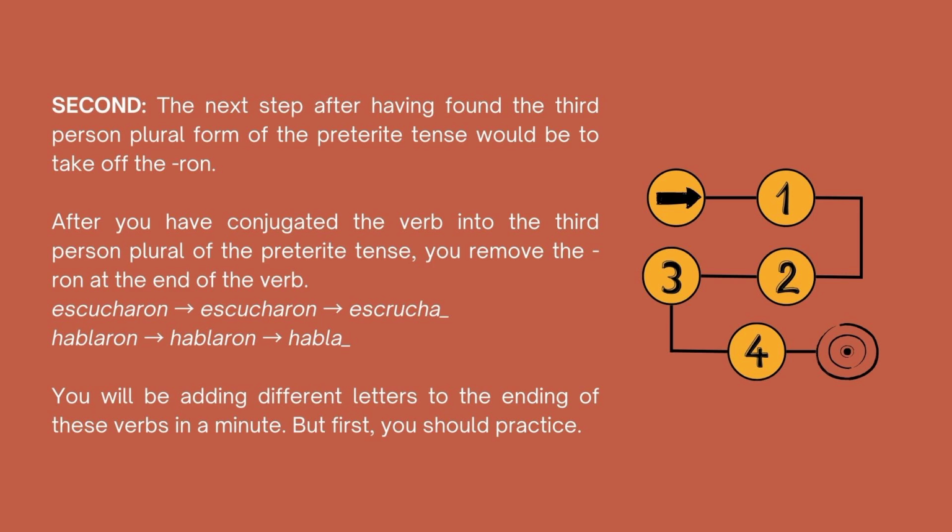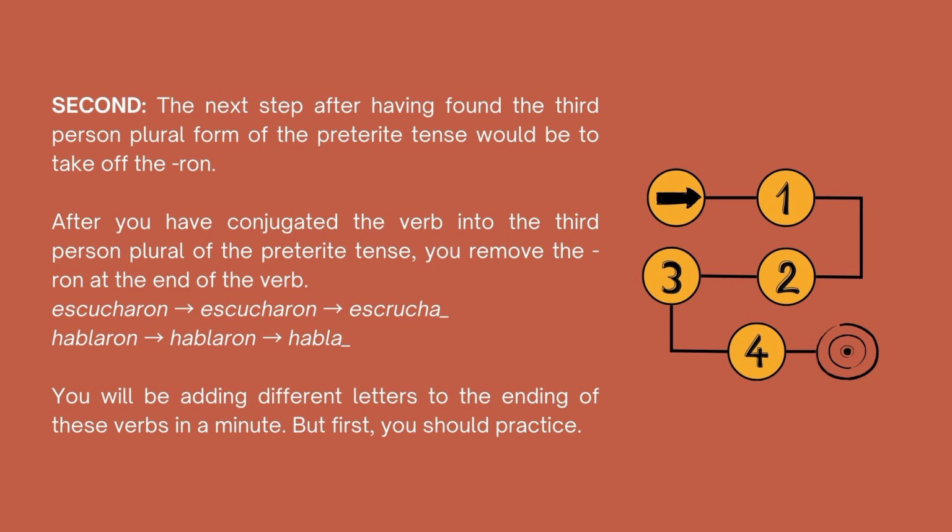After conjugating the verb into the third person plural of the preterite tense, you remove the ron at the end of the verb, and it will look like this: escucharon, remove the ron from the last part of the word, escucha. And for hablaron, remove the ron part, it will be habla.